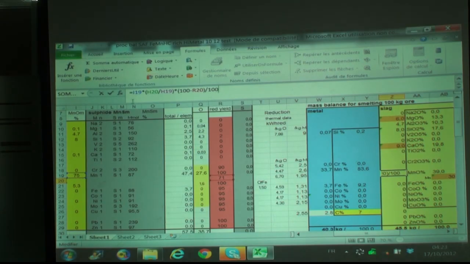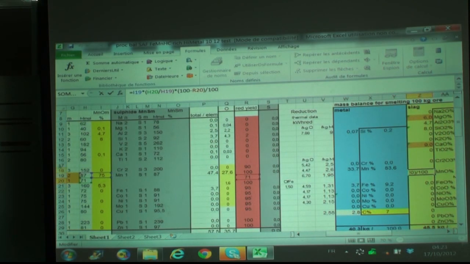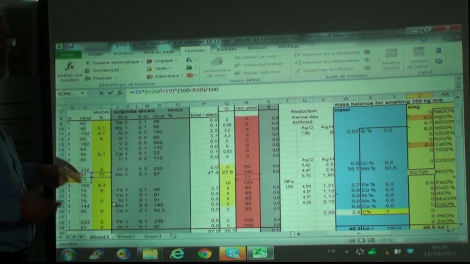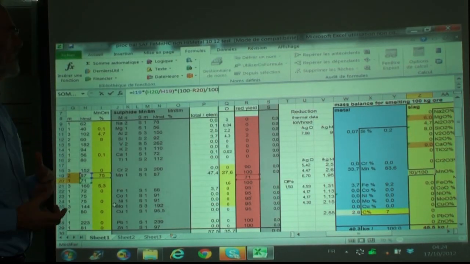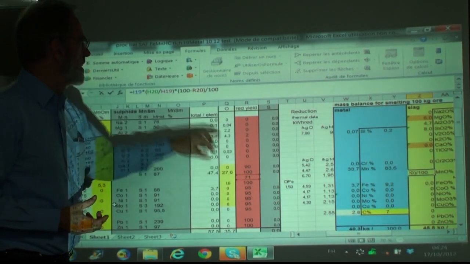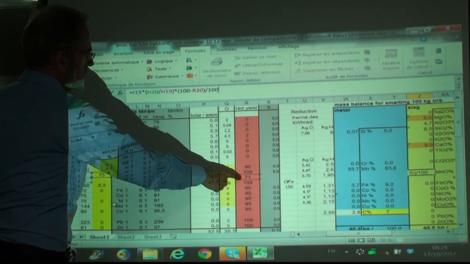So you multiply this by the proportion of the molar mass of MnO over the molar mass of MnO2. Since in the slag you don't keep MnO2 but MnO, you multiply by this and divide by this to correct the proportion. And then you multiply by 100 less the yield.